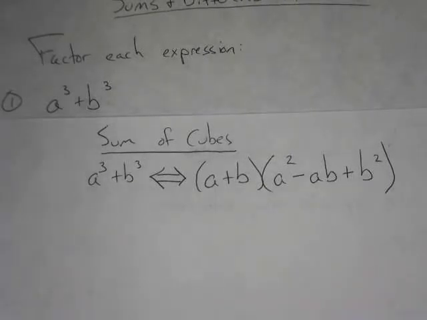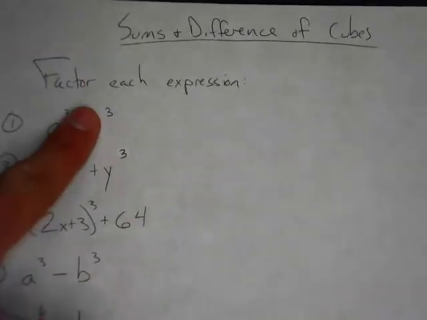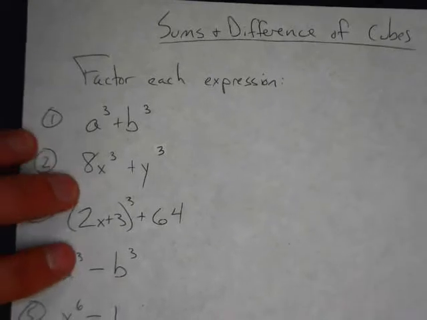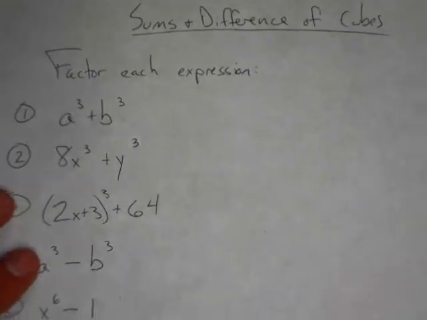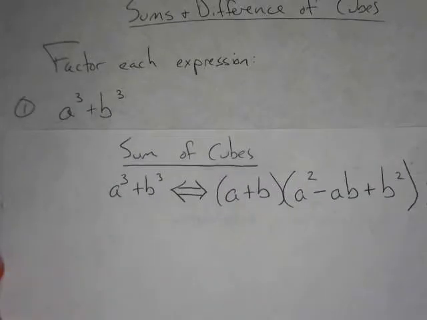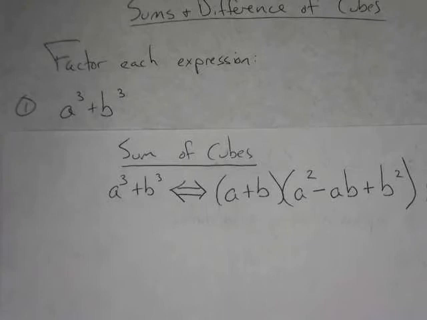So when we look at factoring each expression here, I start number one on purpose to have that basic, basically introducing the formula for a sum of cubes. That just happens to be how it works. Notice what's happening with the signs in the factoring.